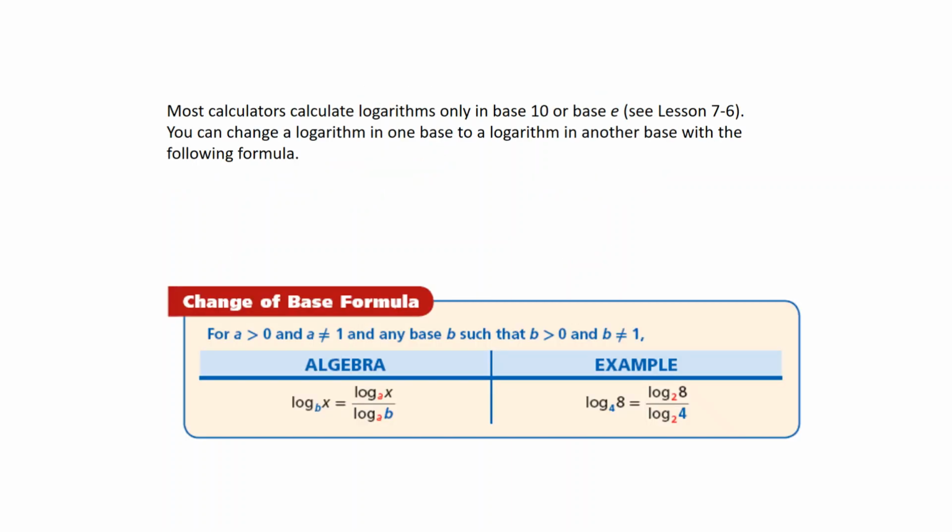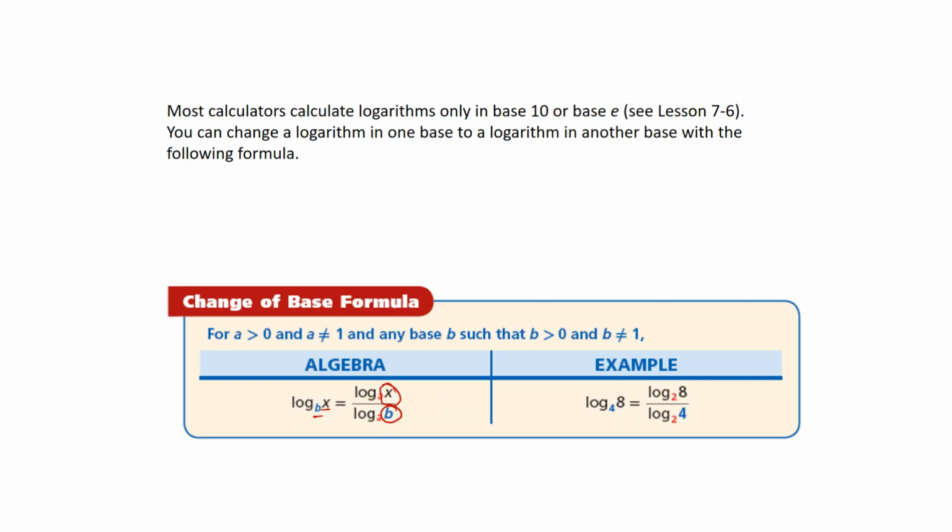Most calculators calculate logarithms only in base 10 or base e, but you can change a logarithm in one base to a logarithm in another base with the following formula. If I have log base b of x and I want to change it to base a, I'm going to take my new log base a of x and divide it by log base a of b, my x and my b here.